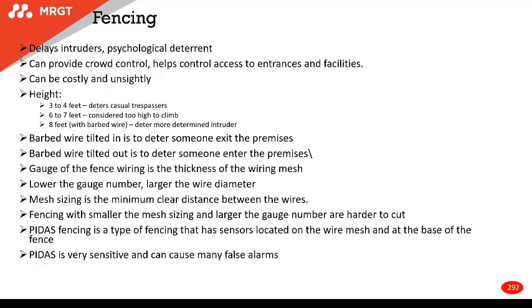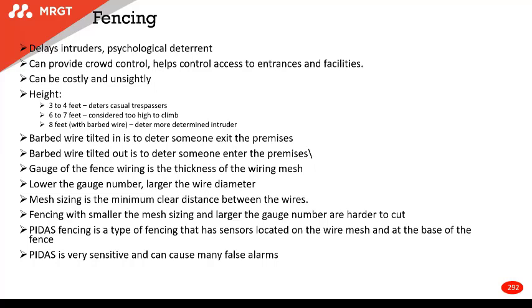Okay, so another thing being discussed is gauge. The gauge is, you can say, the diameter of the wire making up the fence itself. So if the gauge is of lower value, it means the wire making up the fence is thin.